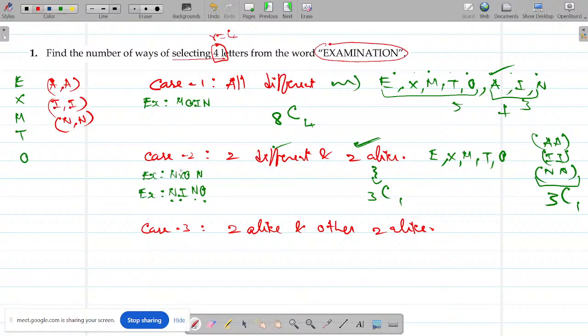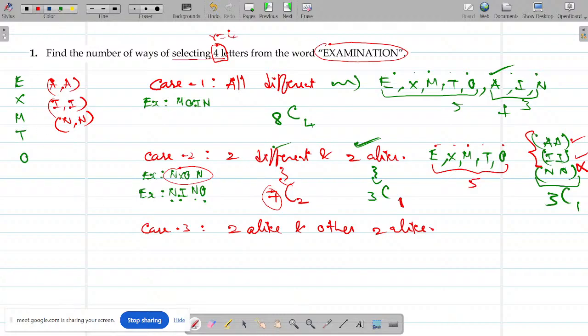For example, if I have chosen N and N, then among the remaining 7 different alphabets, I can take another 2 put together. So this will become 7C2. Why 2? Because I have to take only 2 here. I have taken 1 pair, which is actually 2 letters, so 2 will be left out.